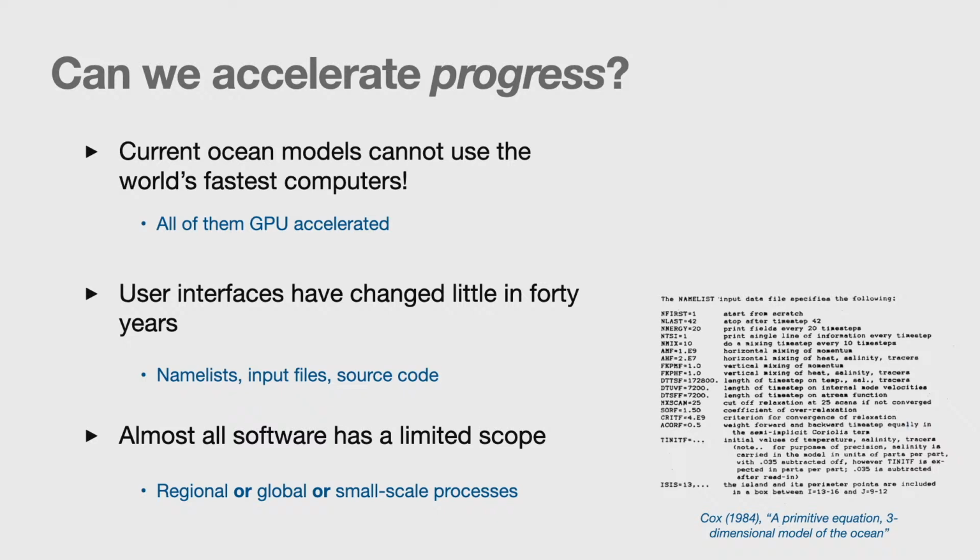And third of all, most ocean software has a very limited scope. So it's either LES models or regional models or global ocean models. And a notable exception is the MIT GCM that Gael showed before, that can cover all these regimes and probably has to thank this flexibility for its widespread adoption.